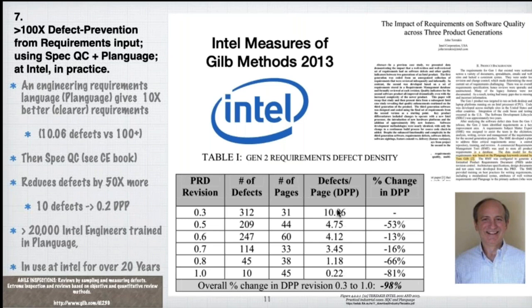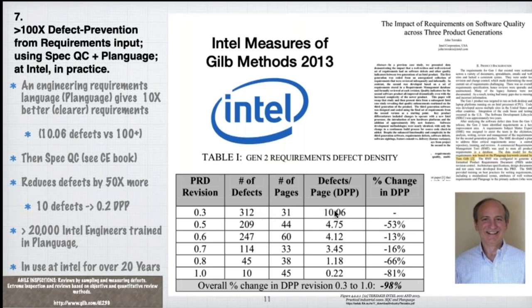By the way, this level is about 10 times better than you probably have today with your requirements methods. Planguage, or planning language, being quantified and structured, gives about 5 to 10 times better quality of intelligibility. And so they start off at a pretty good level, and they're trained for 2 days in the methods, but they're human and they screw up and they're under time pressure.